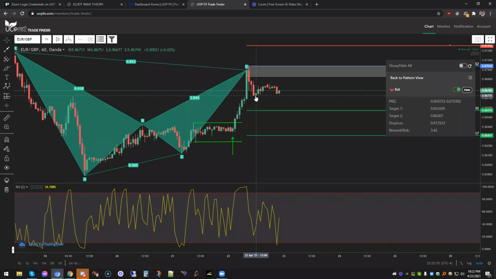When you're looking for your exits, you don't necessarily need to pay attention to the relative strength index. If it is below 10, since you're looking to go short, and the RSI is below 10 and it closes back above 10, that is definitely a reason to get out, because you can expect that it could be pushing very aggressively against you.